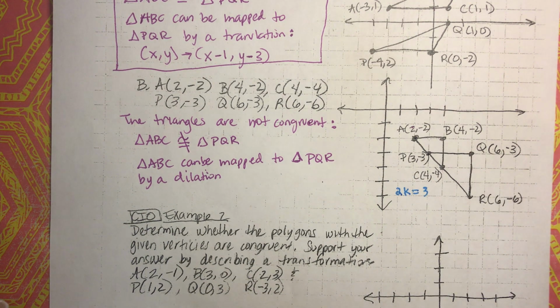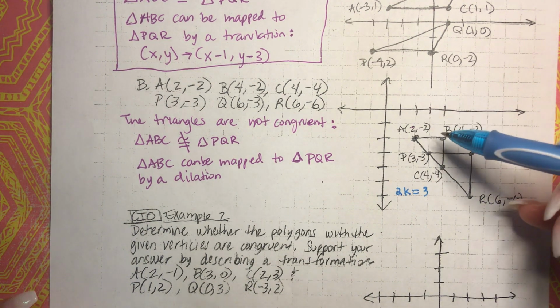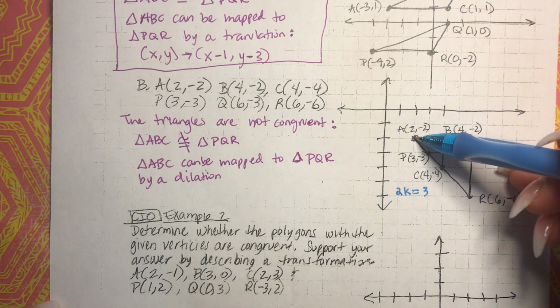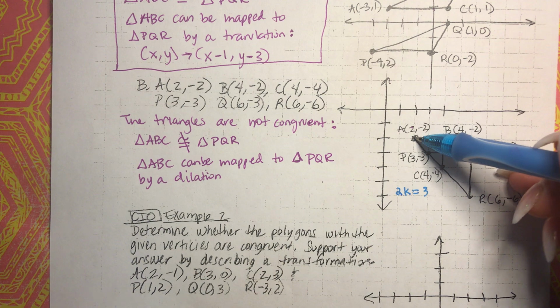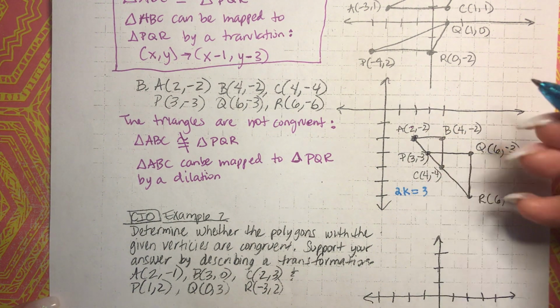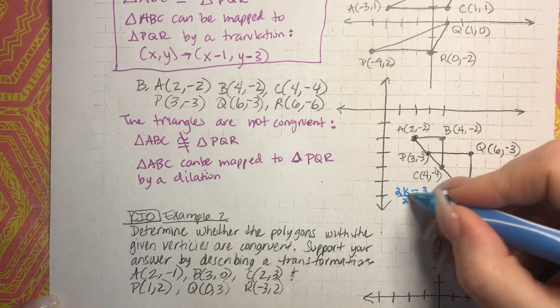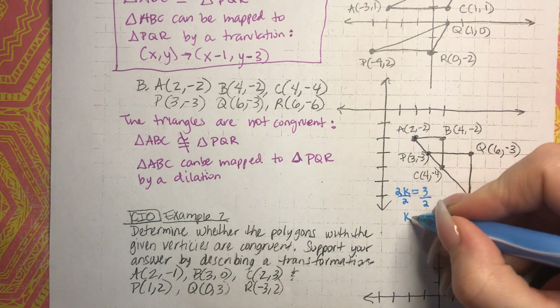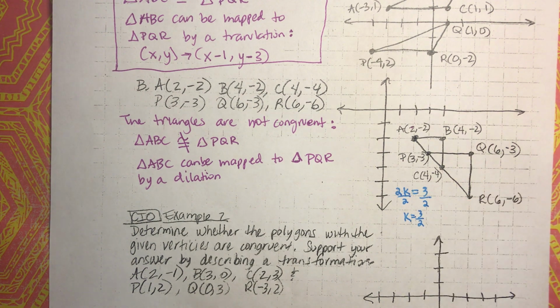And so this is just a super easy way to figure out what the scale factor is, right? Because that's what the rule is for dilations. You take this vertex, multiply it by k, and you get that. So 2, the x value, times k equals 3. Then we just get k by itself. So we set up our little equation. We divide both sides by 2 to get k by itself, and we end up with 3/2.